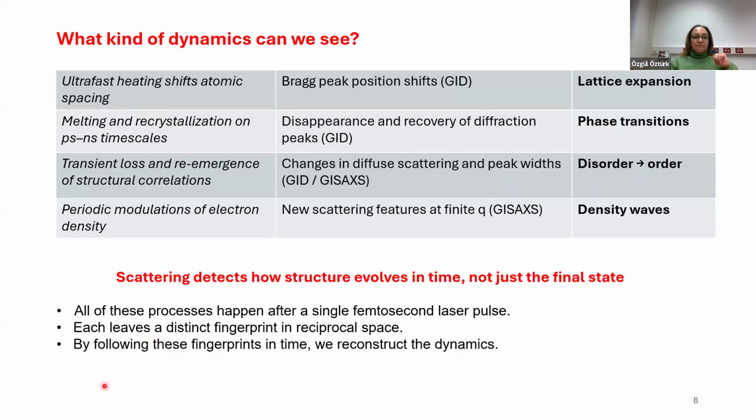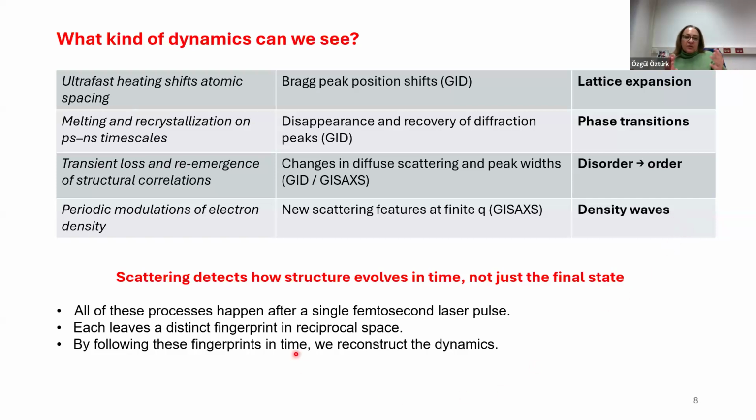And after pumping with the optical laser, you can have some periodic modulations of the electron density. And this will result in new scattering features. And then you can say how your density is changing.